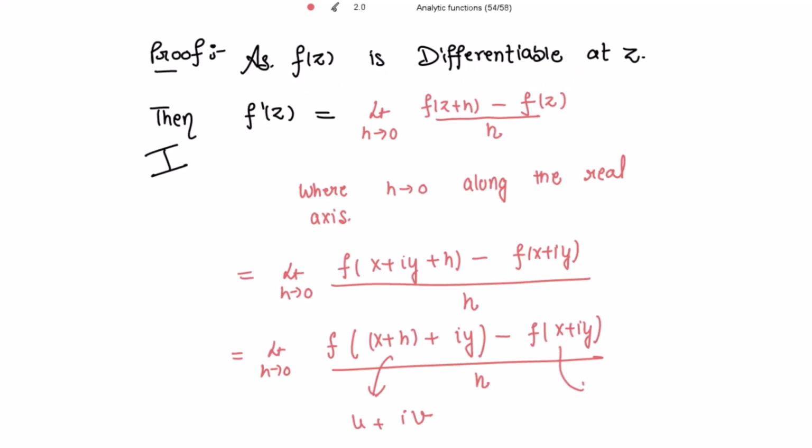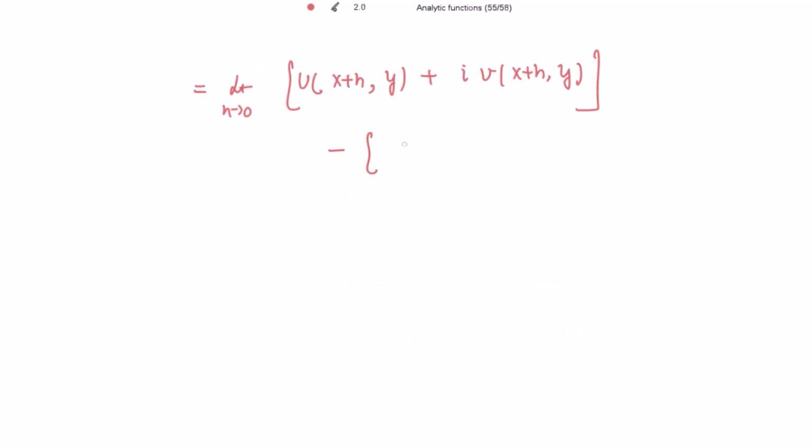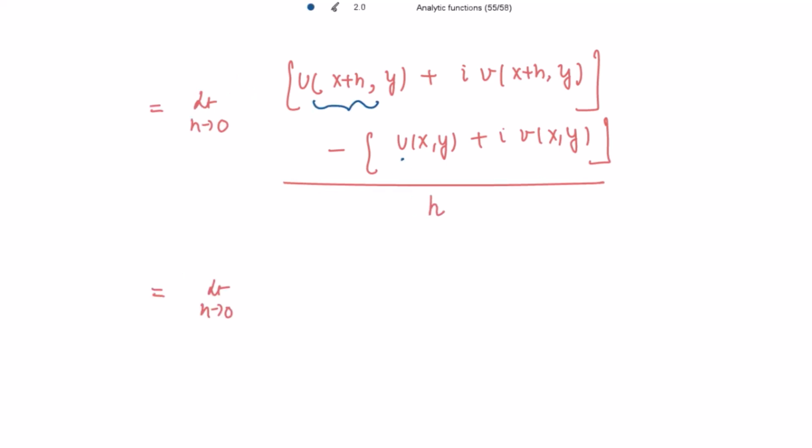So this is equal to the limit as h tends to 0 of u(x+h,y) + iv(x+h,y) minus, for f(x+iy), also in terms of u + iv, so u(x,y) + iv(x,y), divided by h, taking the real parts together and imaginary parts together.